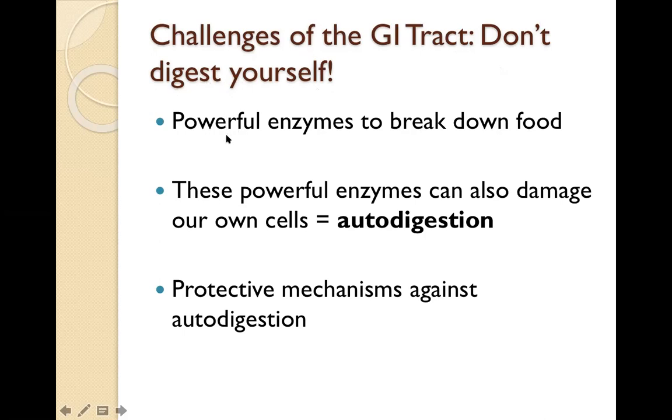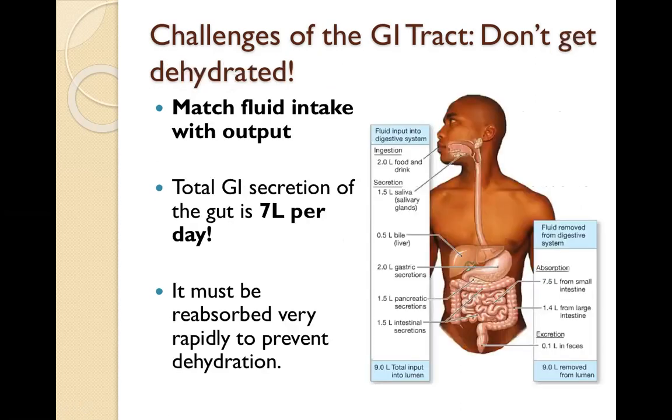The powerful enzymes that we use to break down food can also cause damage to our own cells, especially the enzymes that break down fats or lipids, proteins, and carbohydrates. Those can break down those same proteins, fats, and carbohydrates in our own cells in a process known as autodigestion. We don't want that happening. So we have to have some way of protecting ourselves against autodigestion.